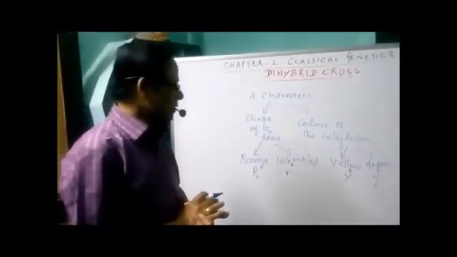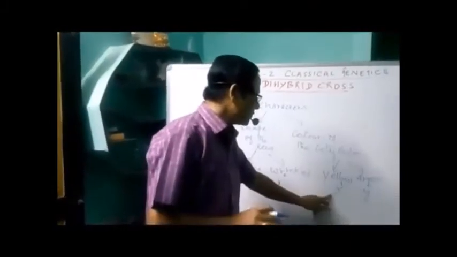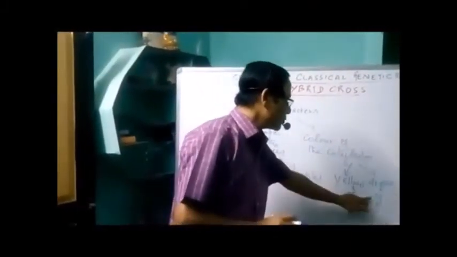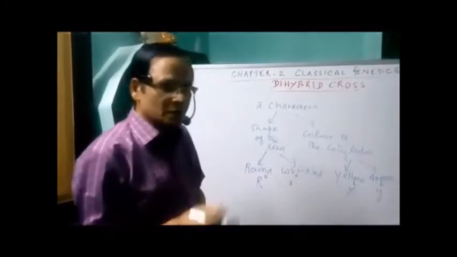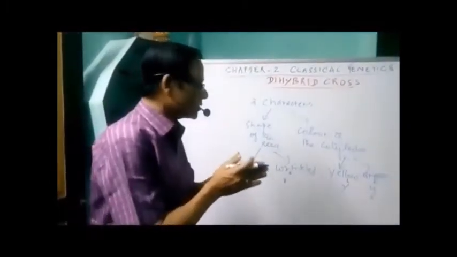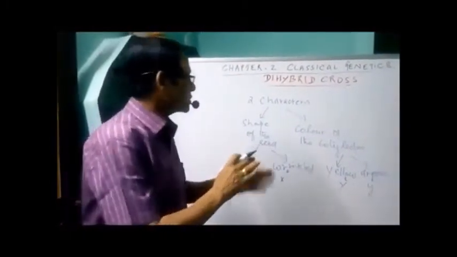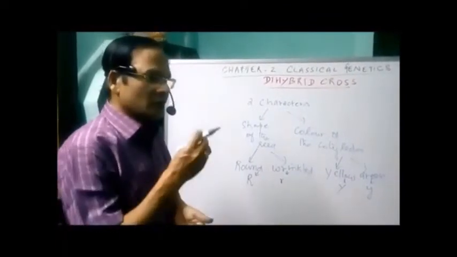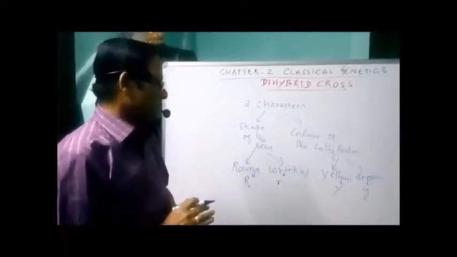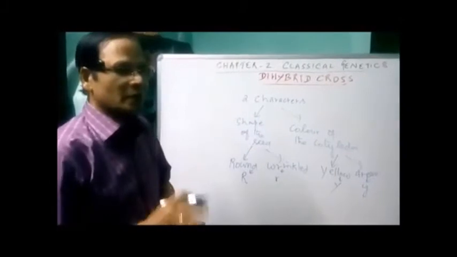That's why capital Y is given for yellow and small y for green. First he did only the monohybrid cross, then he did the dihybrid cross, taking two characters simultaneously to see how the characters are inherited.